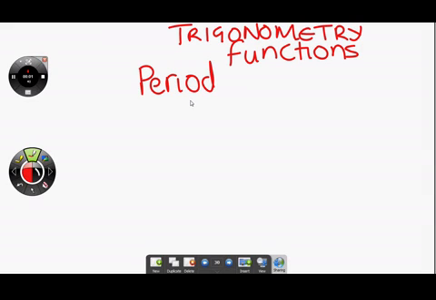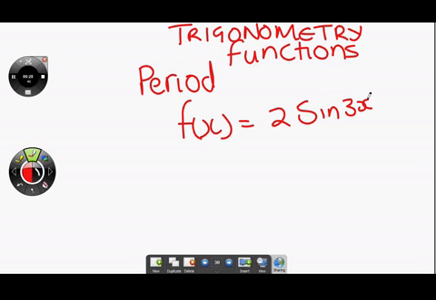Trigonometrical functions, and one of the most important and first and foremost questions that they would normally ask a learner is to identify or find the period. So usually the period, if you are given a function f of x is equal to 2 sine 3x plus 4.